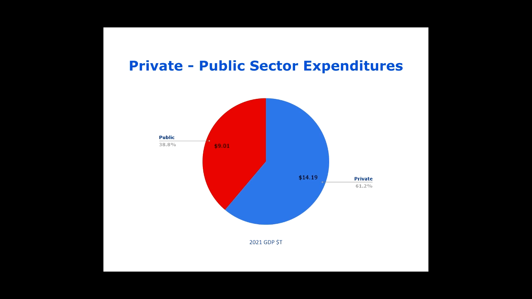And the amount being spent in the public sector has been increasing over time. The public sector piece, the red pie piece, has been getting larger on a percentage basis relative to the private sector piece.